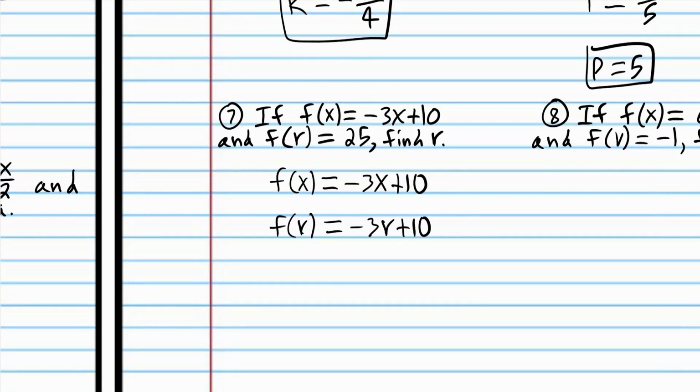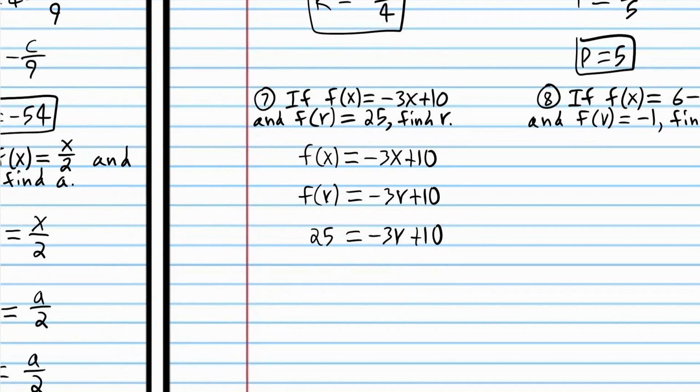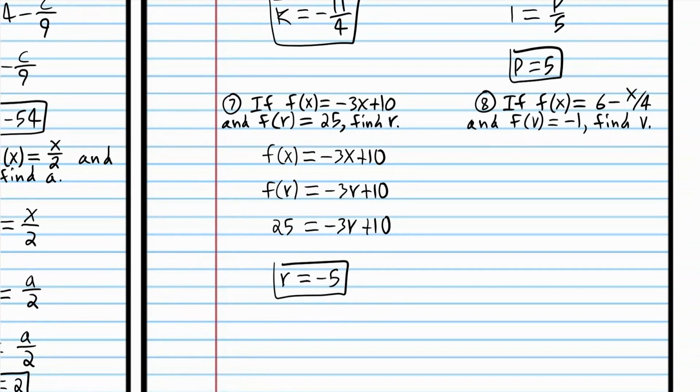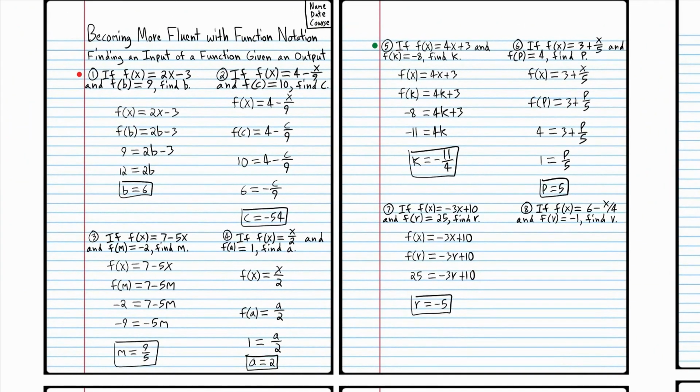And we're told that if you plug in r for your input, then your output is 25. So if we solve for r in that equation, we get negative 5. You don't have to show all the steps if you don't want to. So if you got that right, excellent. Try number 8. When you come back, we'll do it together.